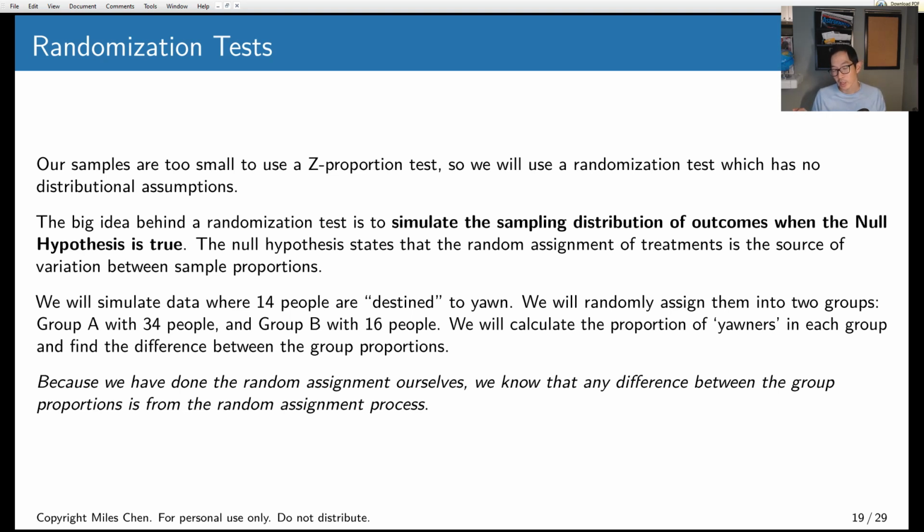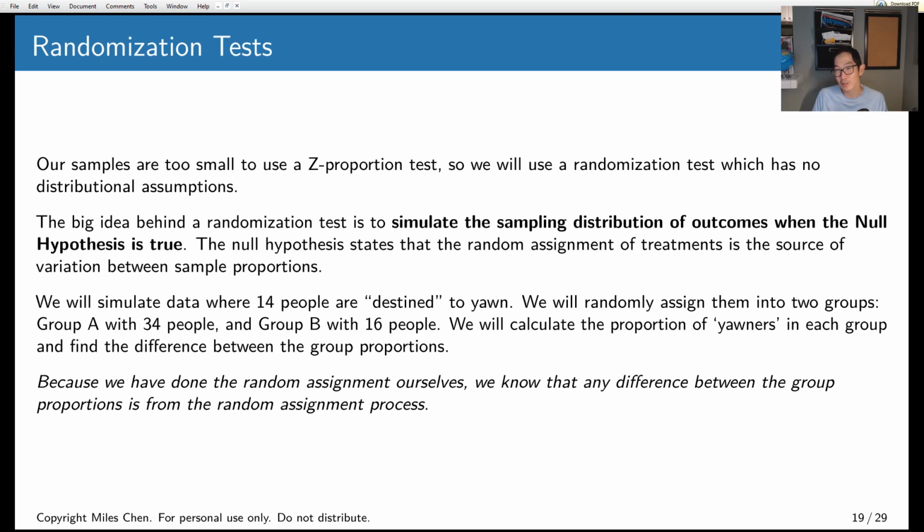Then we're going to ask, out of those who ended up in group A, what proportion are yawners, people who are destined to yawn? And out of group B, what proportion ended up being yawners? We know that who ends up where is just a result of the random process.